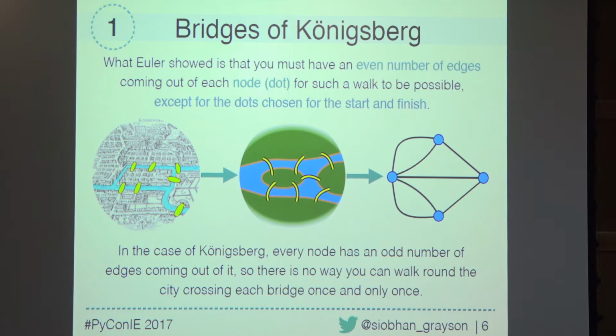What he proved by graphing it was that it's actually impossible to complete, because the only way that this problem can be solved is if all of your nodes had an equal number of edges in or out, apart from the first and the last nodes of the puzzle. In the case of Königsberg, every single node has an odd number of edges, so it's absolutely impossible to ever complete this problem. That was one of the first things that graph theory was applied to, and one of the first times information was extracted that way and solved.